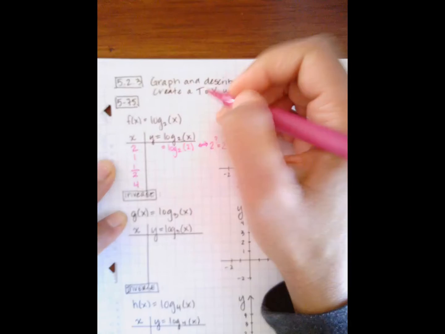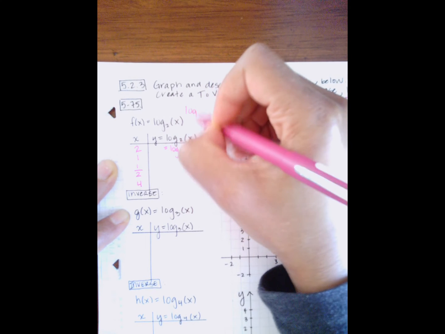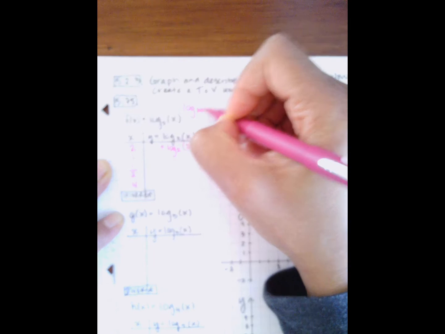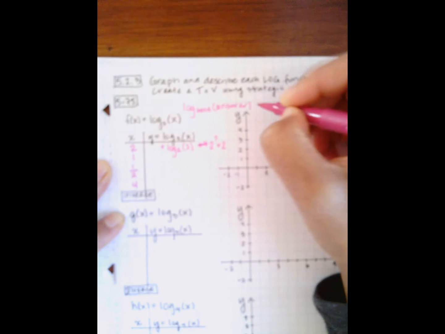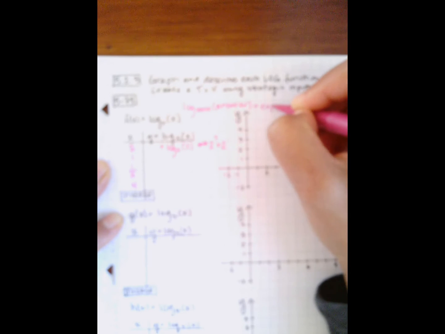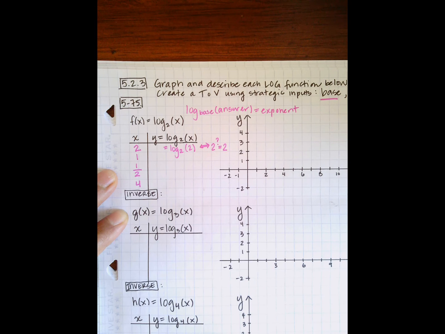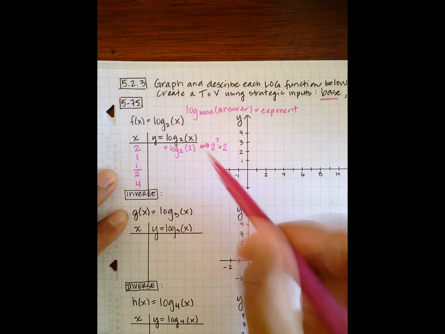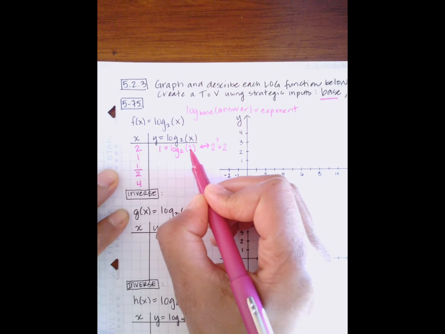One thing to remember is that when you're rewriting logarithms, they're in the form of log base of the answer equals the exponent. Again, log base 2 of 2 would output, in this case, 1, since 2 to the first power gets me to that 2.